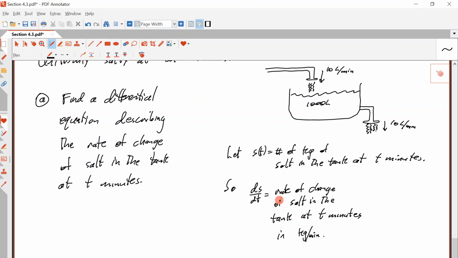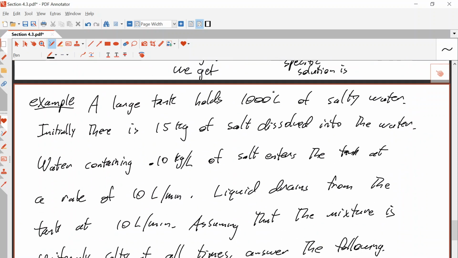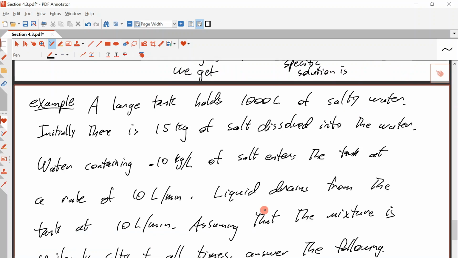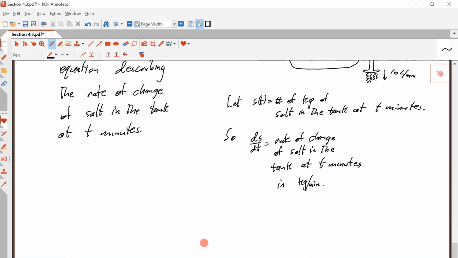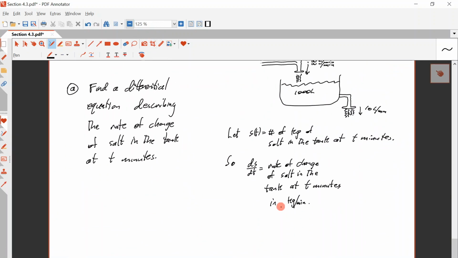So that's the sort of differential equation that we're aiming for. ds/dt is equal to something. And remember, that's in kilograms per minute. S of t is in kilograms. Because that's what the problem is outlining: a large tank holds 1,000 liters of salty water with 15 kilograms of salt initially dissolved into the water. Okay? So what's the differential equation?